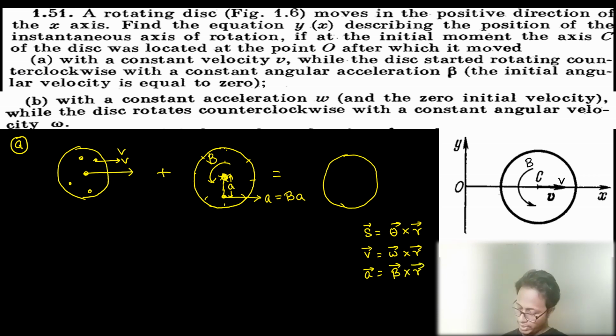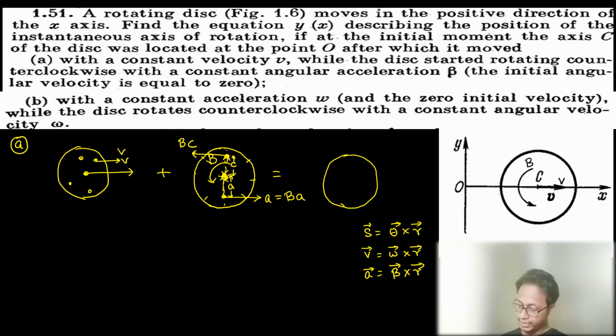So any point in the wheel will translate effectively. Suppose this is the acceleration of this point, at a distance, let's say c, from the center. The acceleration of this point would be in this direction, and the acceleration would be equal to beta into c.